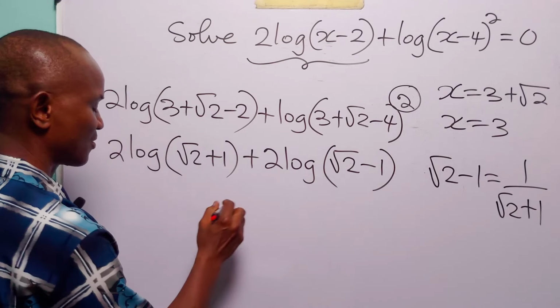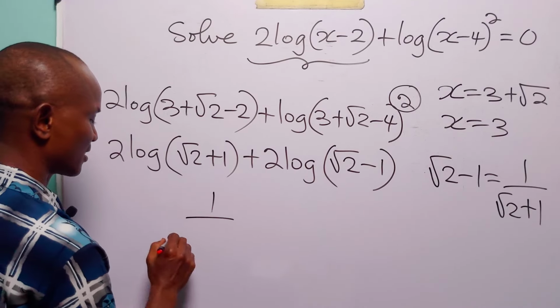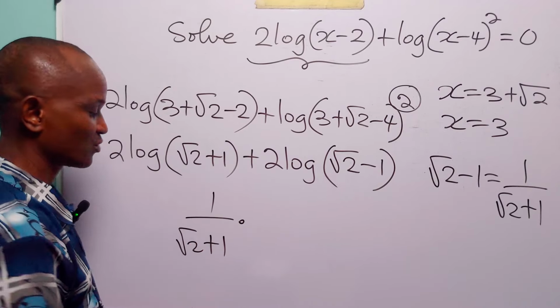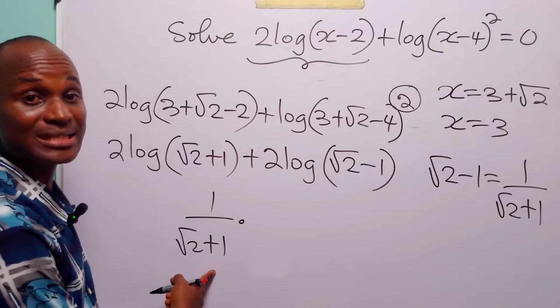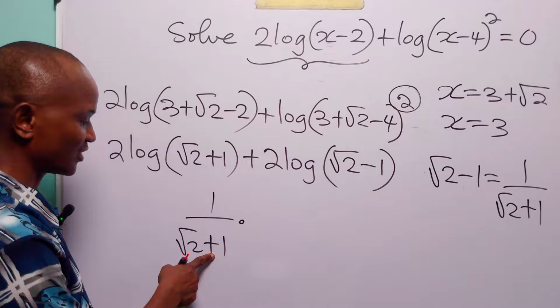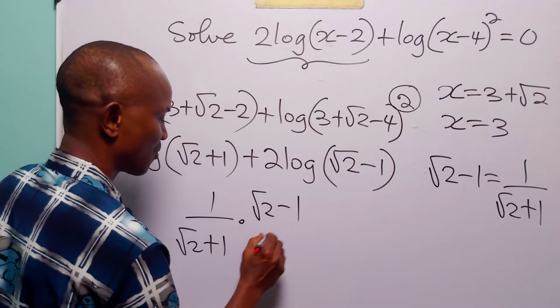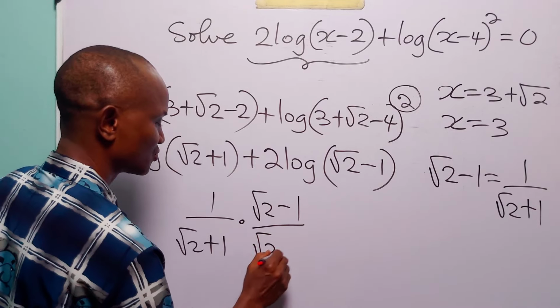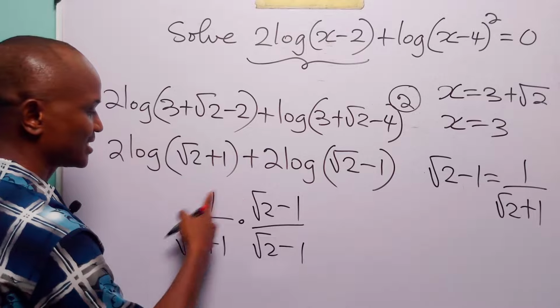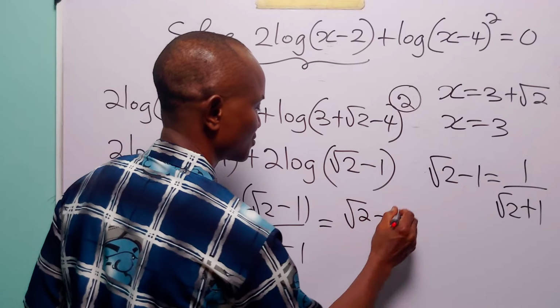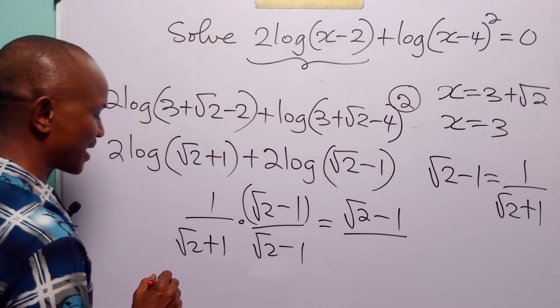So let us do that. We have 1 over root 2 plus 1. To rationalize, of course, we multiply both the numerator and the denominator by the conjugate of this surd. Now, the conjugate is root 2 minus 1 divided by root 2 minus 1. Now, this times this is, of course, equal to root 2 minus 1 divided by.